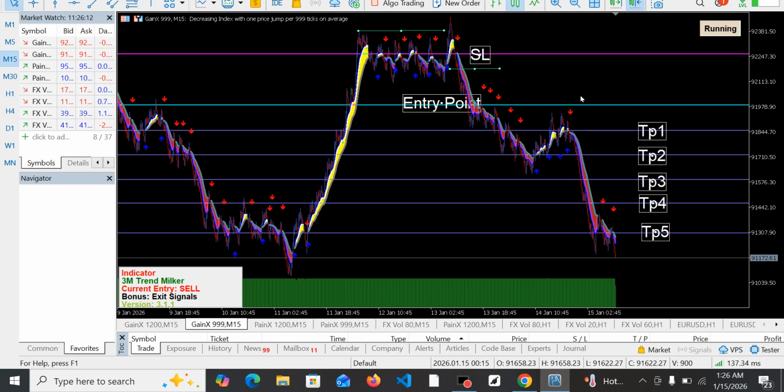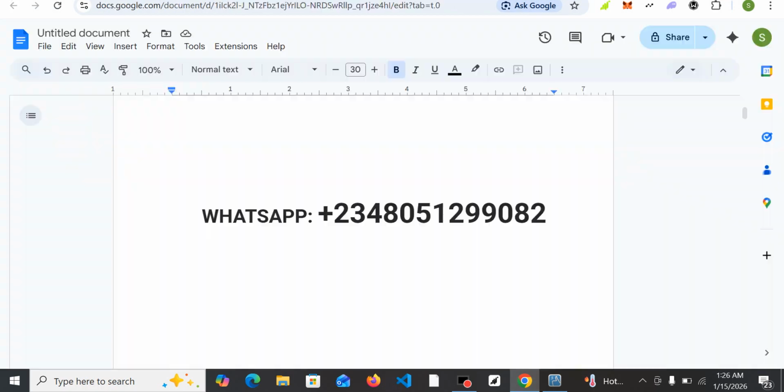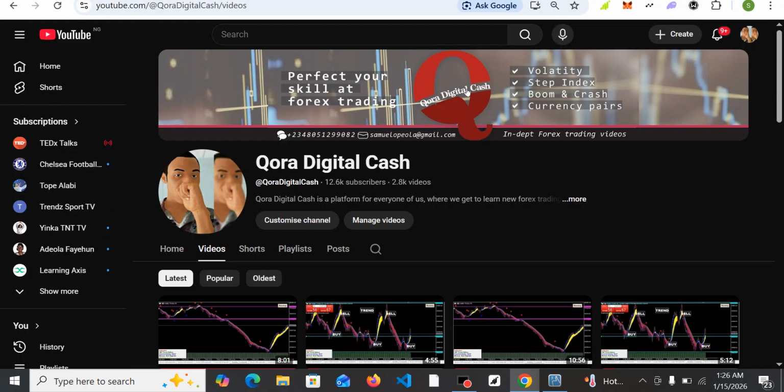And guys, if you don't know how to identify all this, you can also take advantage of this custom made indicator you are seeing on my chart. All you need to do is reach out to me via WhatsApp for that. I will let you know how you can get one and have it installed on your chart.